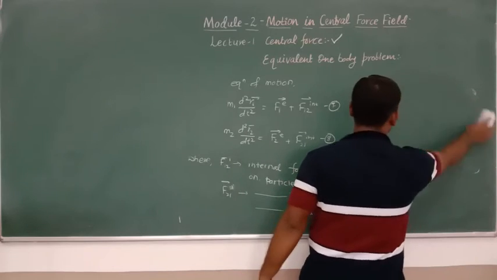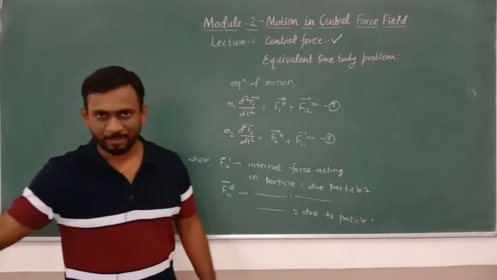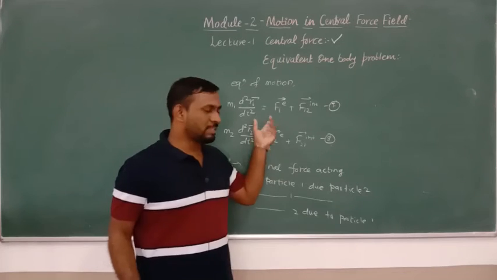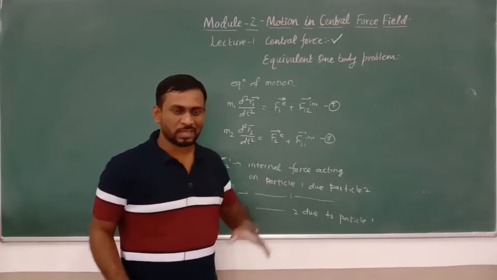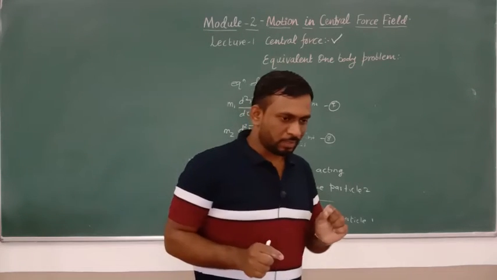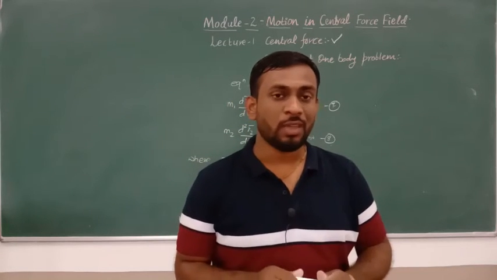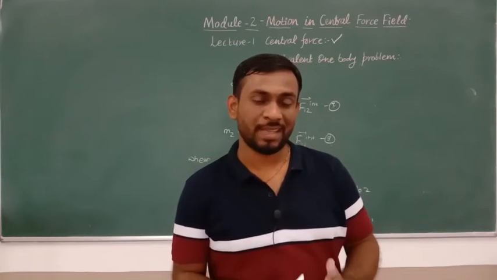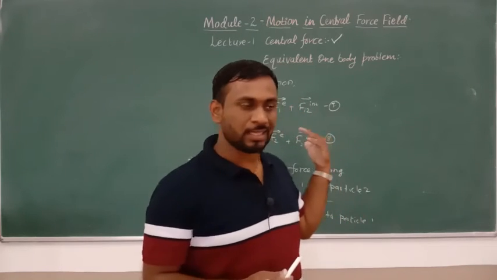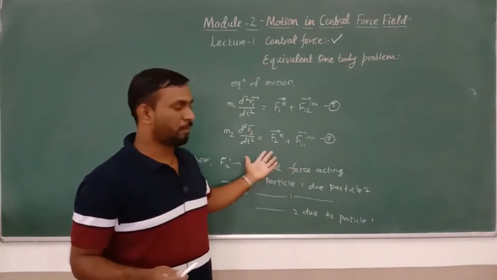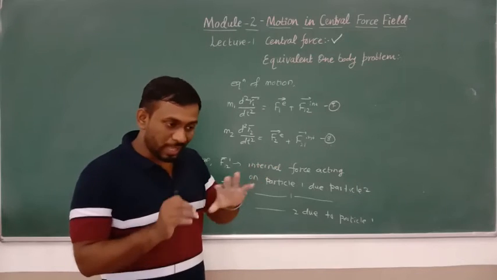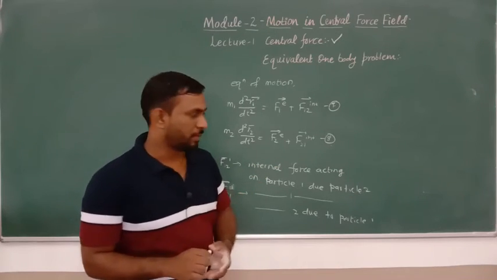So combinedly, if we represent the system by the center of mass instead of these two particles m1 and m2, if we represent the total mass of the system as M, we can write the equation of motion for that mass. How to write this equation?